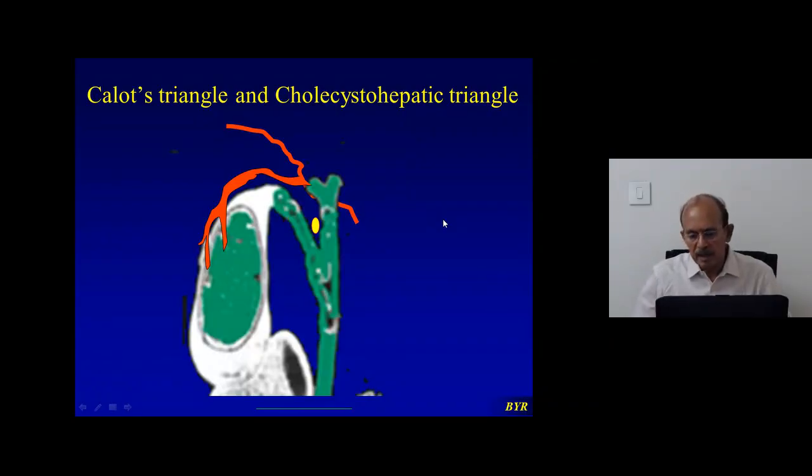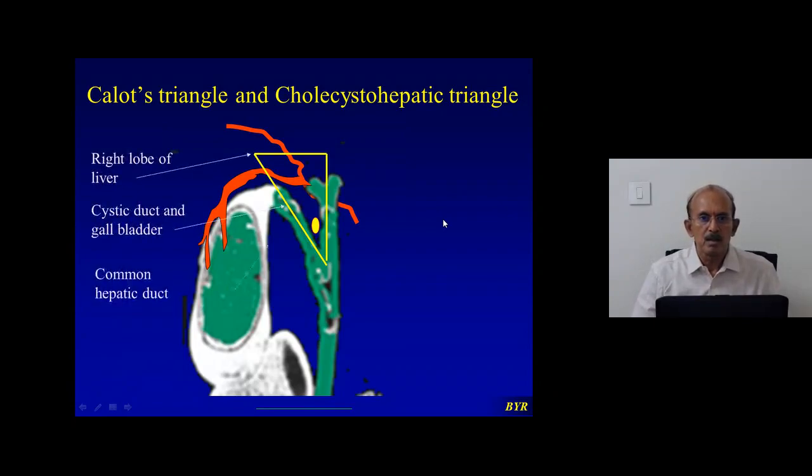What is this Calot's triangle? This is the hepatic duct, and this is the cystic duct, and here is the liver. So there is a triangle between the cystic duct laterally, the hepatic duct medially, and above, the undersurface of the liver.